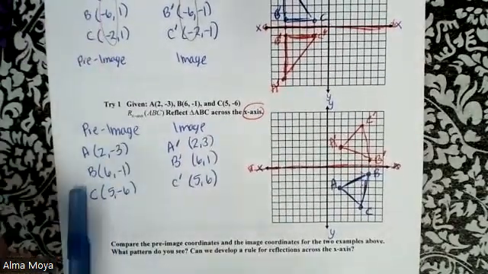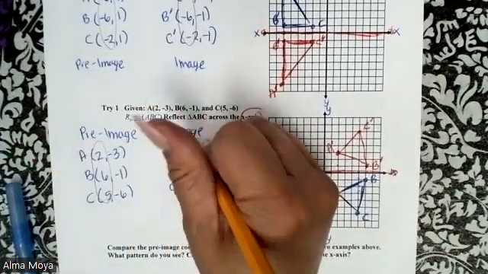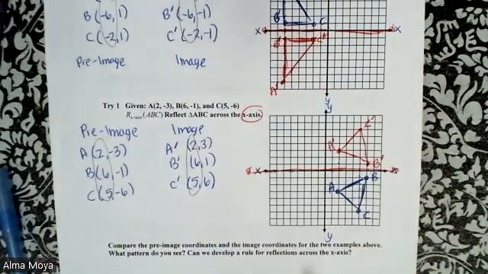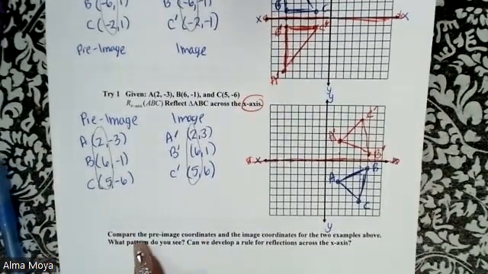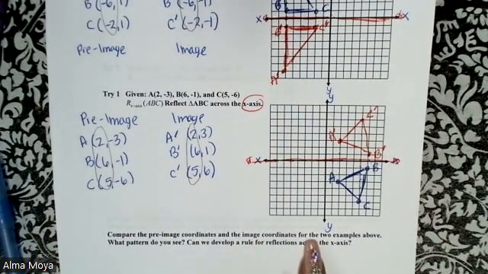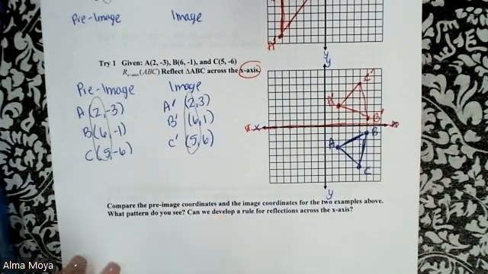Once again, notice the points. All the X's are staying the same. But what's happening to the Y's? The Y's are all changing signs. So right here it says compare the pre-image coordinates to the image coordinates for the two examples above. What pattern do we see?